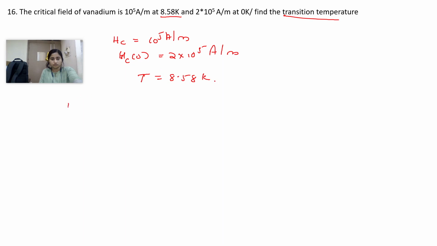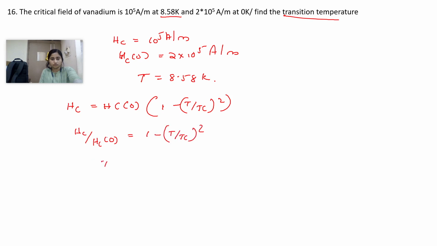Okay, so now we know that Hc is equal to Hc0 times 1 minus T divided by Tc whole square. From there, Hc divided by Hc0 is equal to 1 minus T divided by Tc whole square. From there, T divided by Tc whole square is equal to 1 minus Hc divided by Hc0.